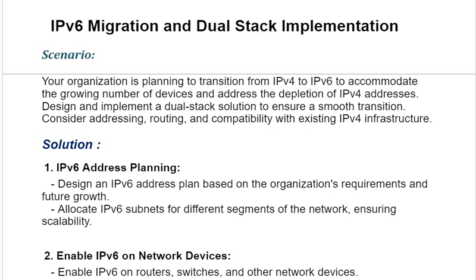Now the solution. Our first solution, IPv6 address planning. Design an IPv6 address plan based on the organization's requirements and future growth. Allocate IPv6 subnets for different segments of the network, ensuring scalability.